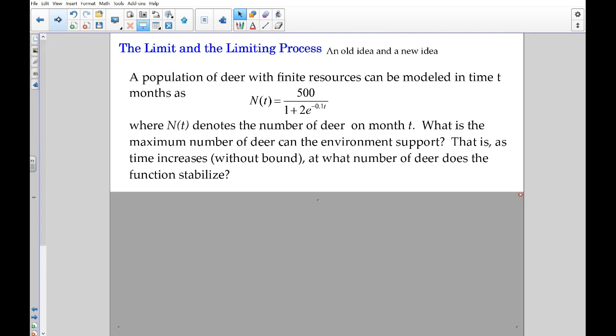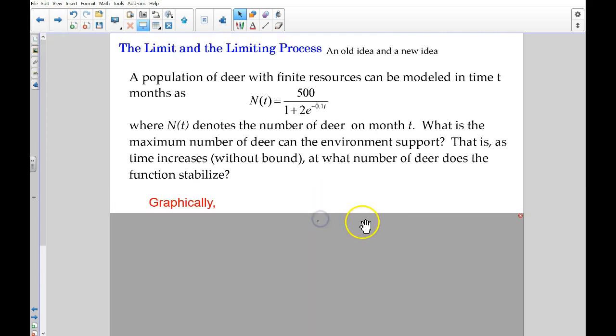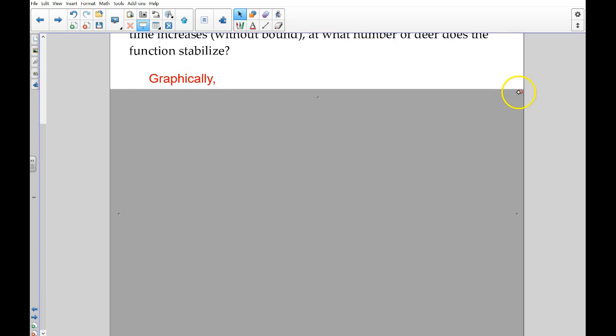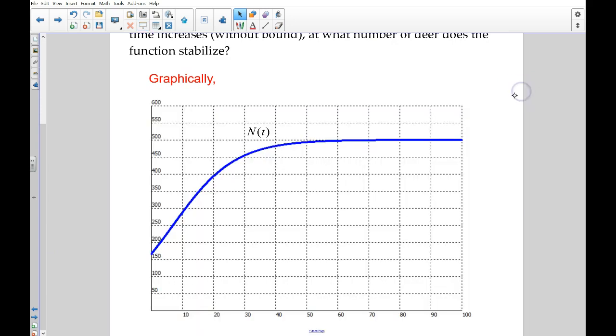A second approach might be to make a graph of it. This is a function, so if I were to put this into Wolfram Alpha or another graphing utility, it might require me to use x instead of t, and y for n of t. But I could plot this function, and I would see that as time increases, with time on the horizontal axis and n of t, the number of deer, on the vertical axis, we get that same sort of behavior.